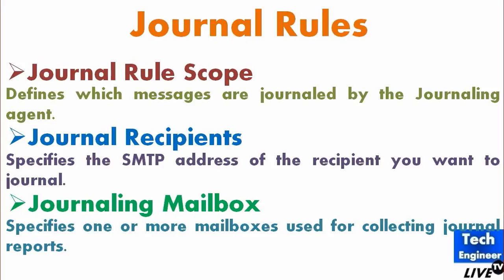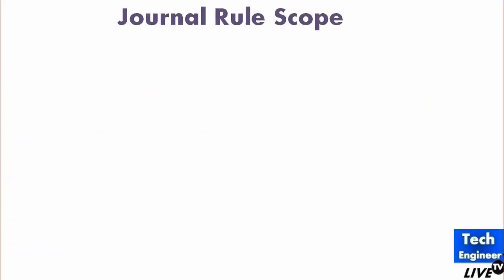What are exactly the mails, what are the items sent. So you can create the quota accordingly, so that you can make the maximum use of your company's resources. Now, journaling rule scope, that is the important part.